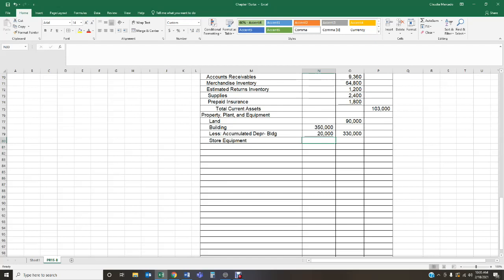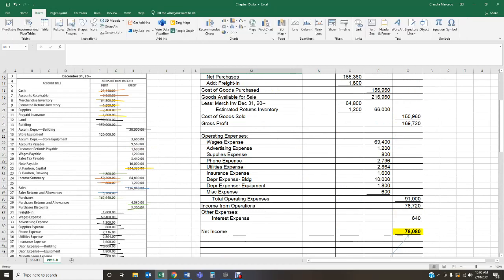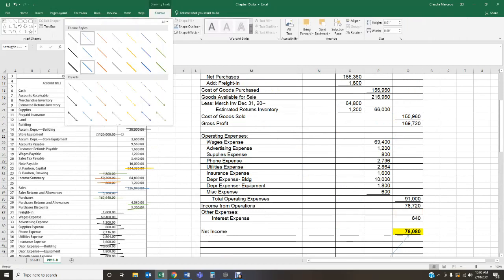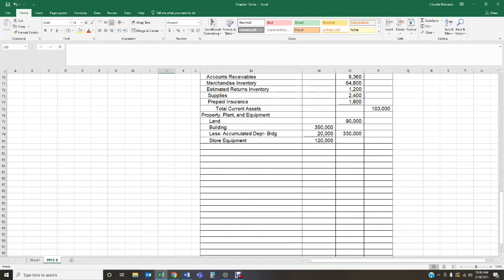Store equipment, 120. And I am going to deduct the accumulated depreciation for the store equipment of $3,600. Whenever you have an asset that has depreciation, you have to adjust that asset for that depreciation. So I've got accumulated depreciation for the equipment of $3,600.